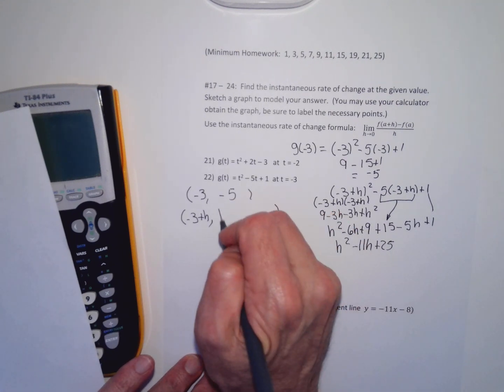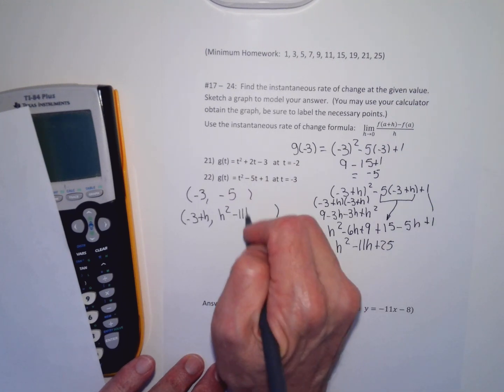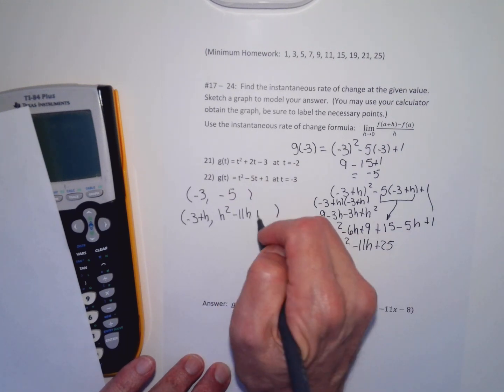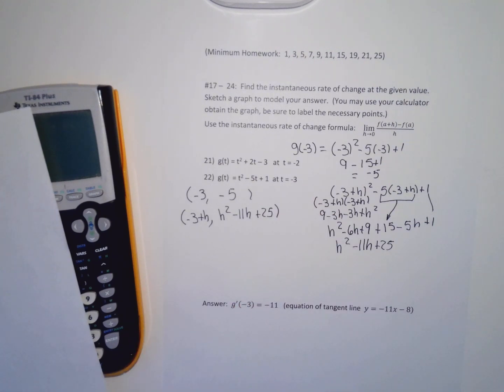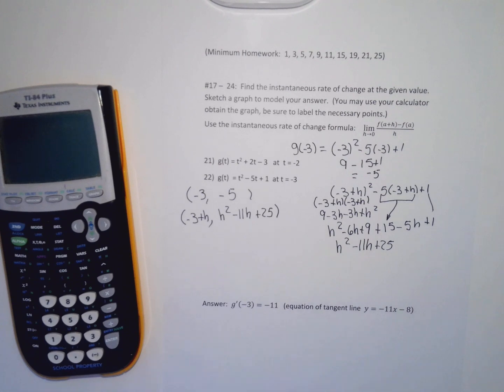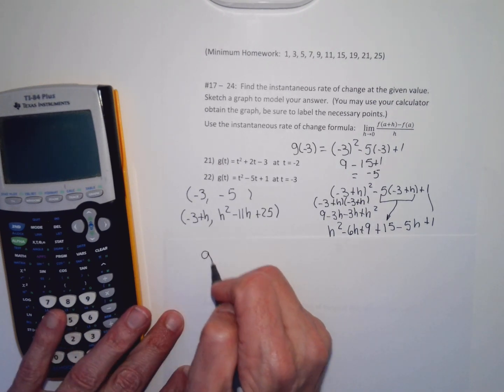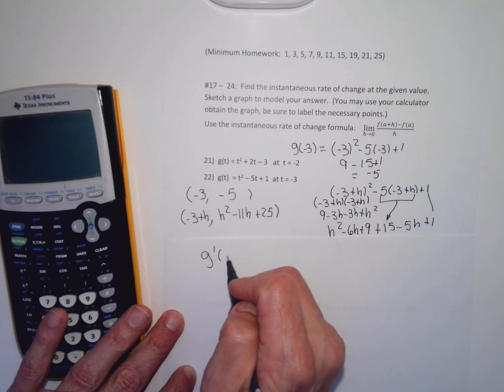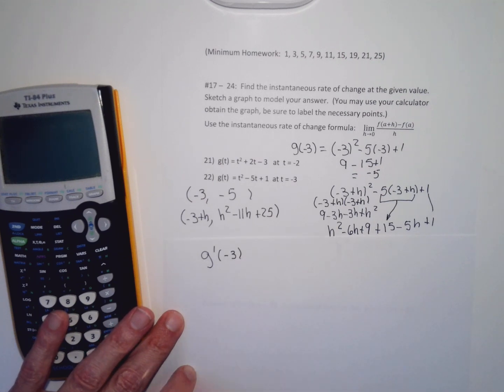I'm used to more what we do in the next section than what we're doing here. Here, this is kind of a specialized case rather than the general case. So there's my 2 points, fingers crossed that they're correct. And now I'm going to find the slope of the tangent line by taking g prime, the derivative, or the instantaneous rate of change when x is negative 3.